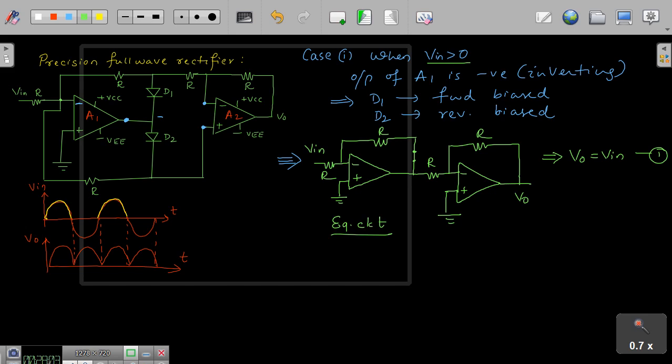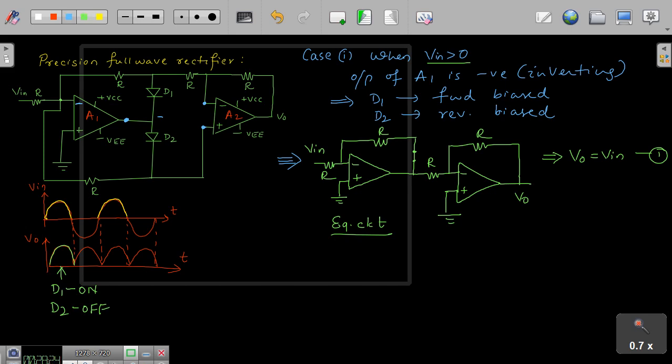So this condition, V0 equals V in, holds when V in is greater than 0. This is D1 on, D2 off. This is the first case.